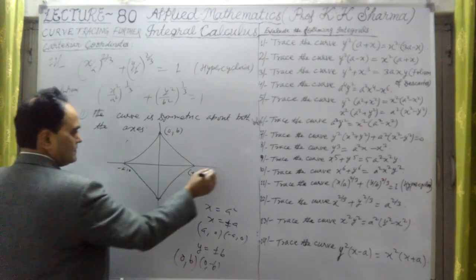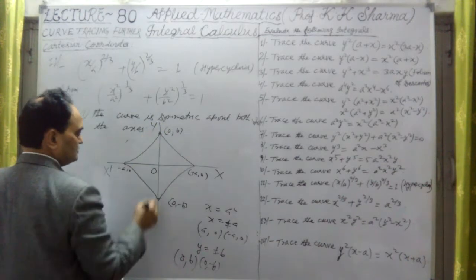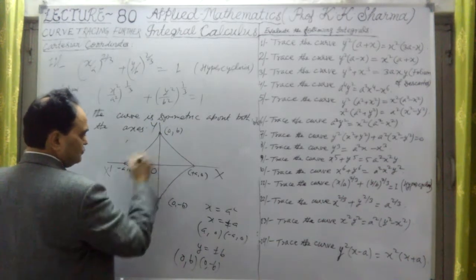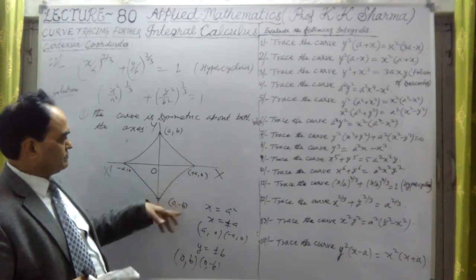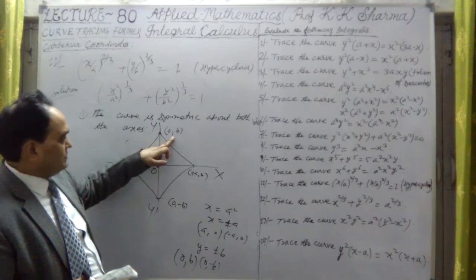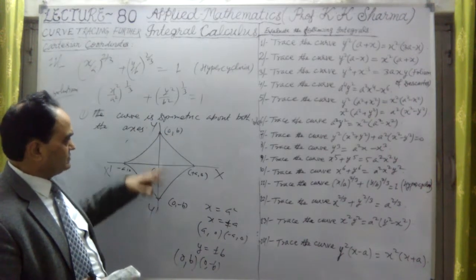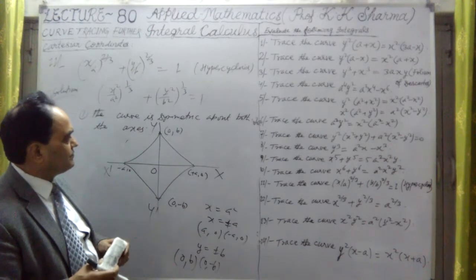This is the x-axis, the origin, and the y-axis. These points are lying on the x-axis, and on the y-axis the curve is intersecting at these 2 points. If I join them, this kind of shape will be obtained.